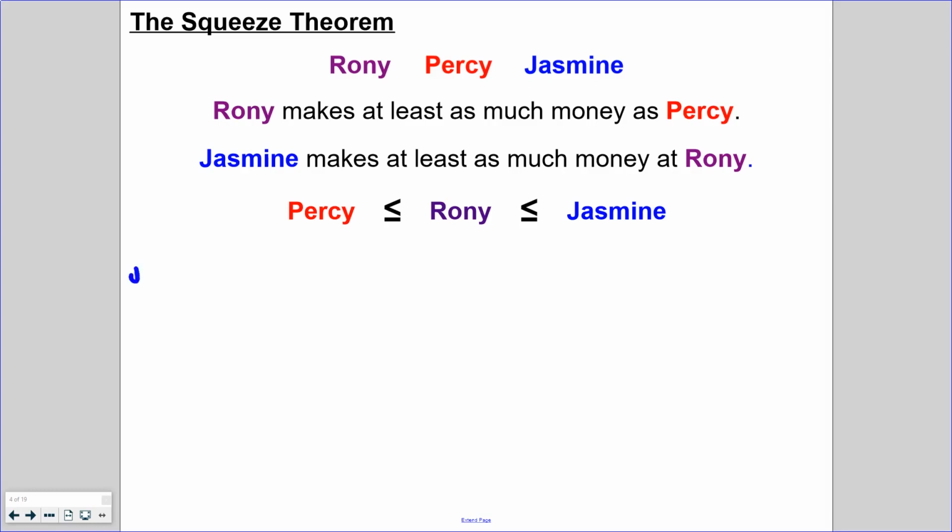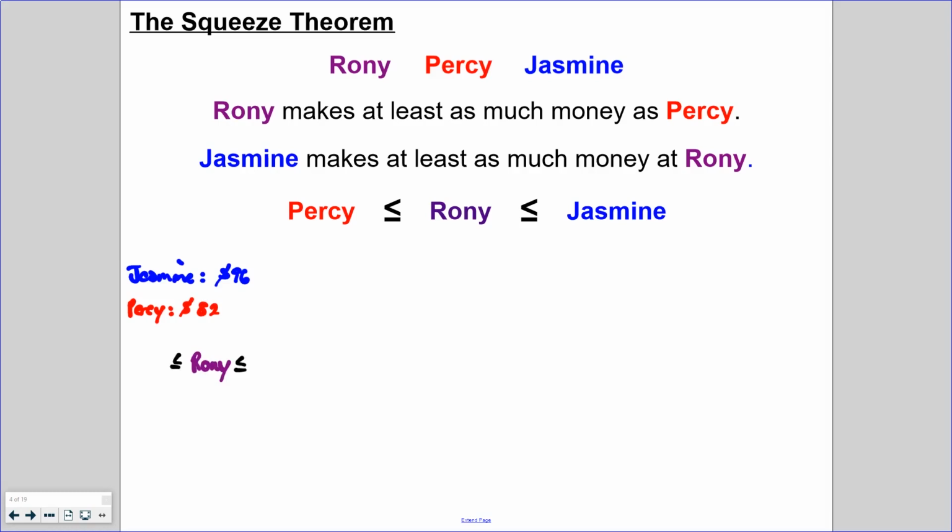So let's say that Jasmine earns $96, and let's say that Percy earns $82. Well, that means Ronnie is going to have a range for the amount of money that he makes.